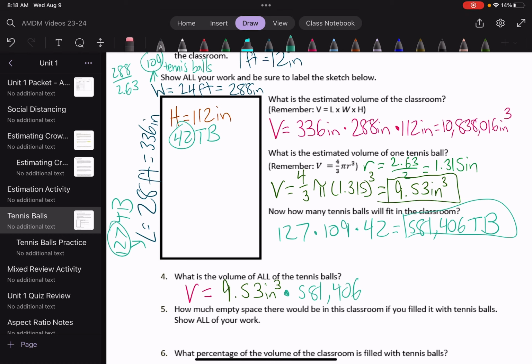Guys, this is going to give us a rather large number, and that's okay. So therefore, the volume of all the tennis balls in the classroom is approximately 5,540,799.18 inches cubed.